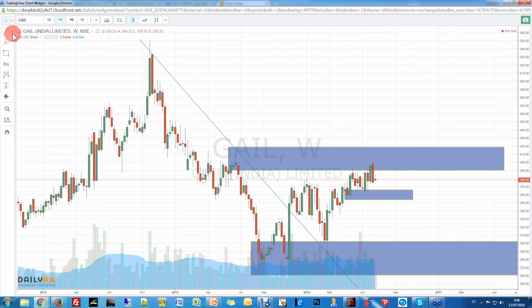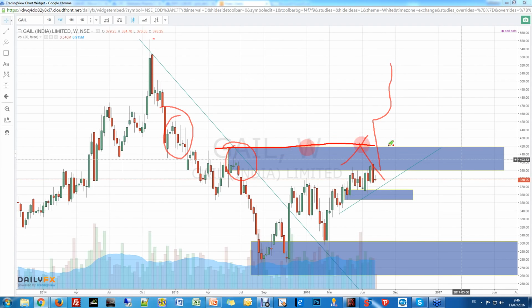So on the weekly, we've got this trend line, weekly uptrend. But like we said, we've got monthly area supply here. So no longs allowed. Once this is taken out, this is nothing really. So we've got a lot of room from here to there if this is again out.